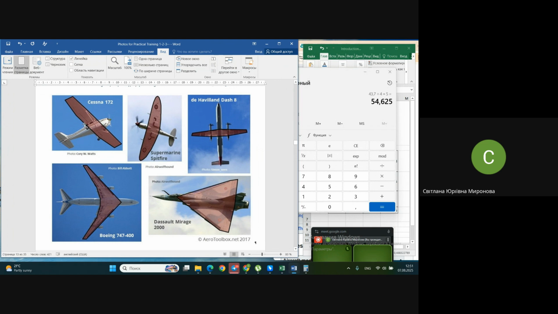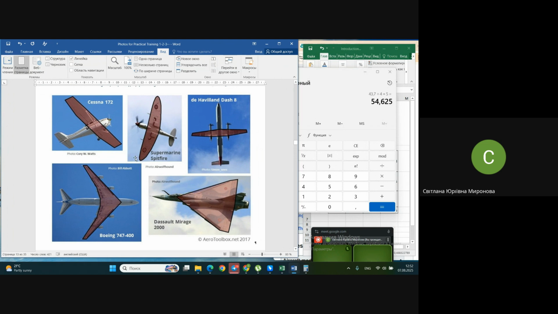So area of the wing is distance from left tip to the right tip multiplied on chord, so-called. But certainly chord may be different. You see the value of chord, root chord is very great, and here is very little value. How to calculate this? Here, tapered wing, how to calculate this?